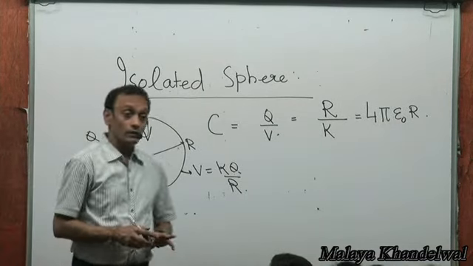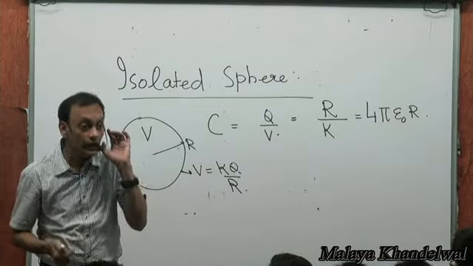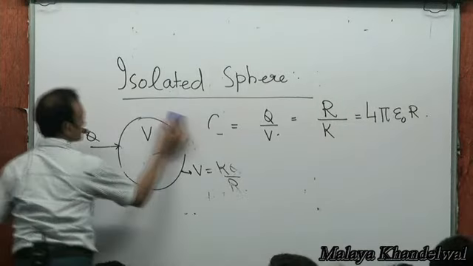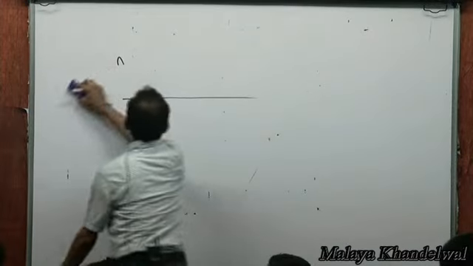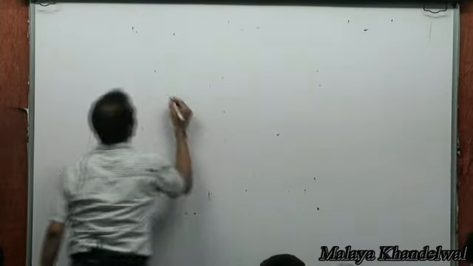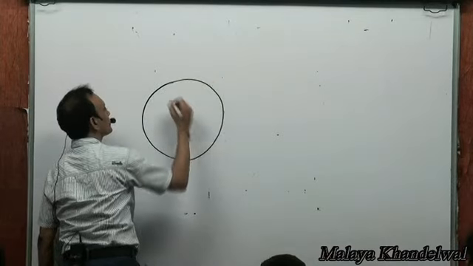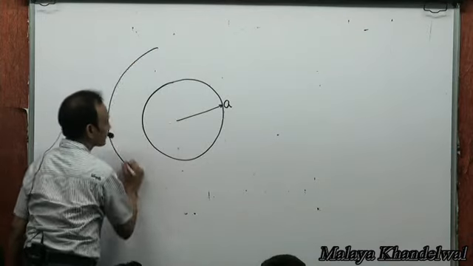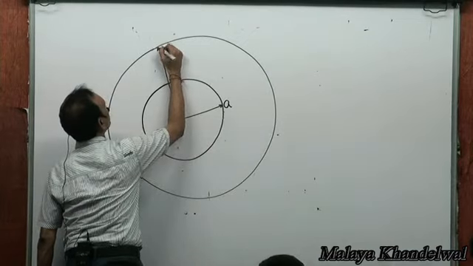Two concentric spheres now, clear? Two concentric conducting spherical shells, one of radius small a, the other of radius small b.